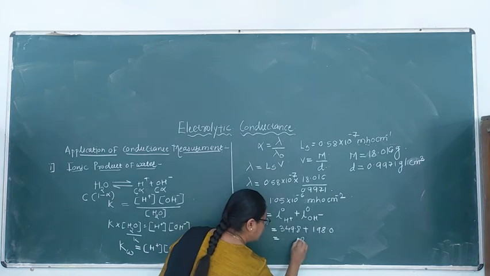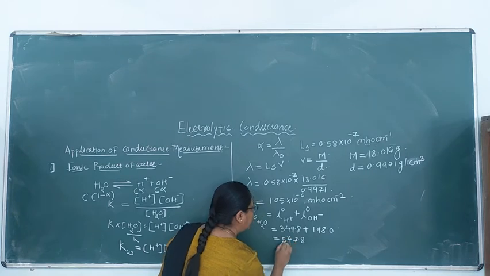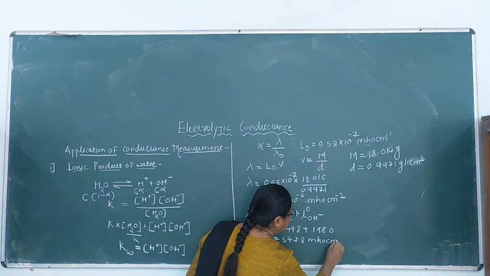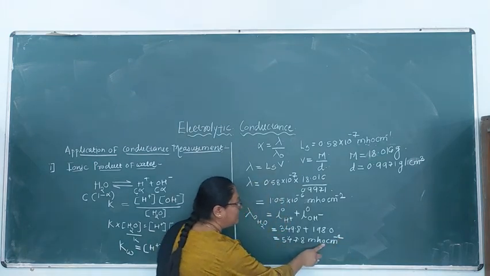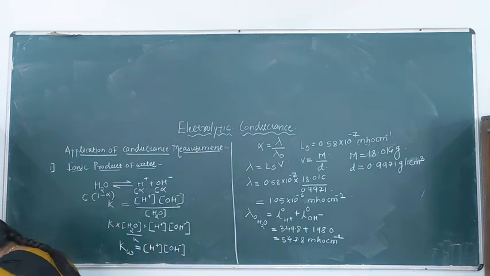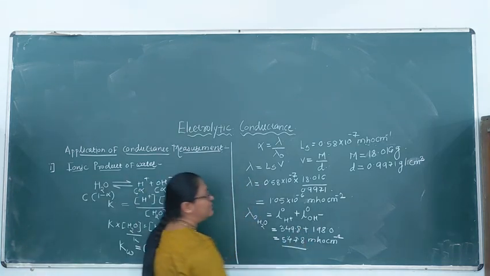Therefore, this is 547.8 mho centimeter square. This is the value for lambda 0.